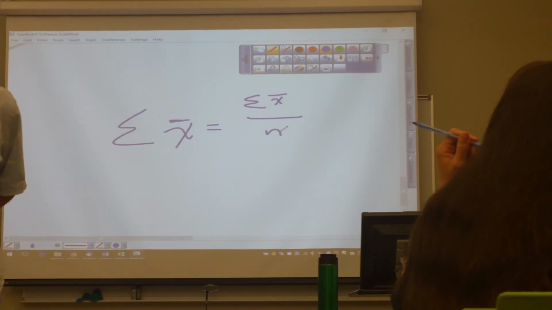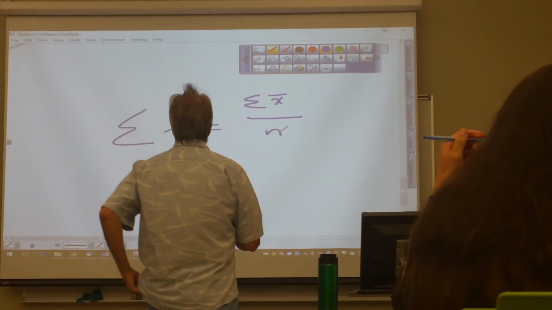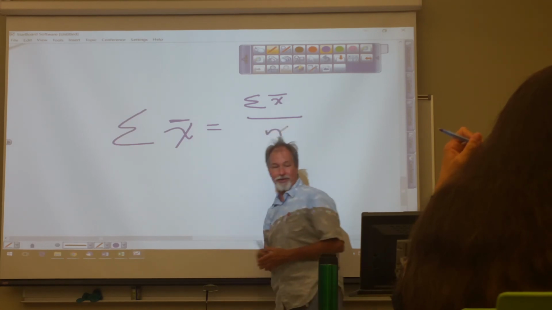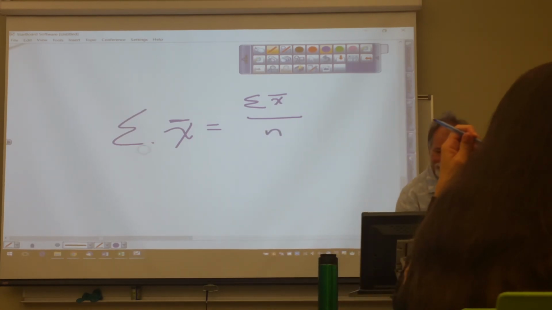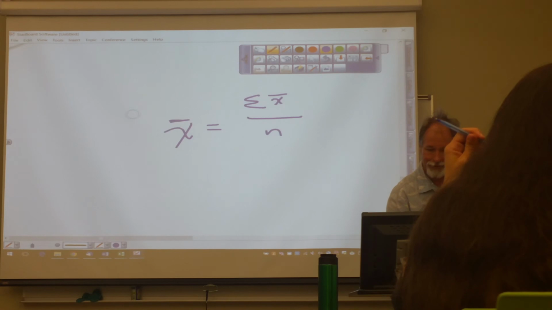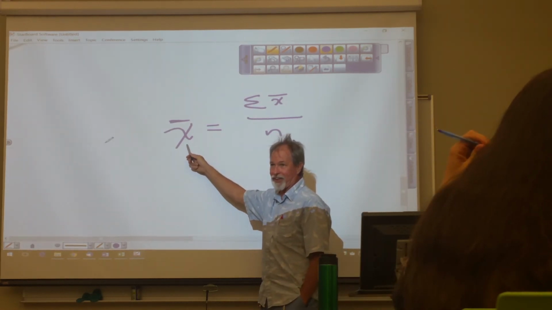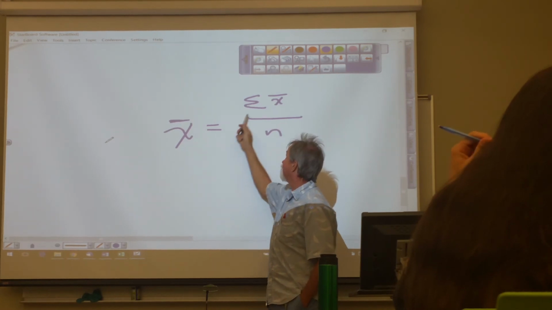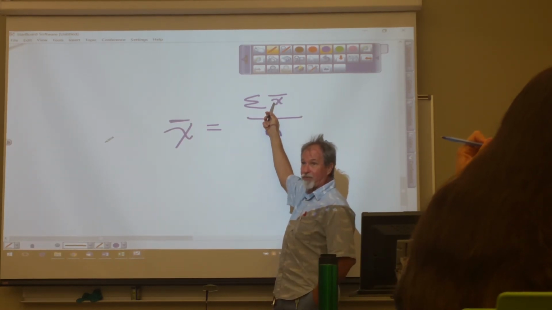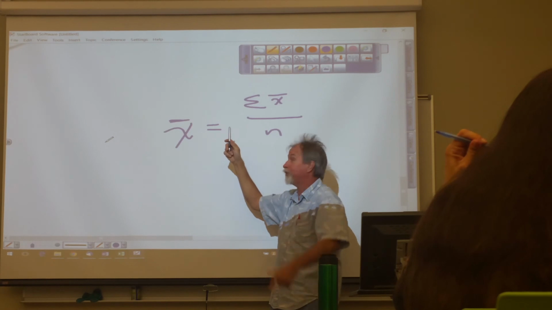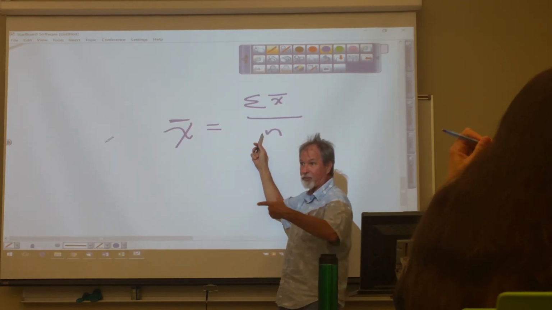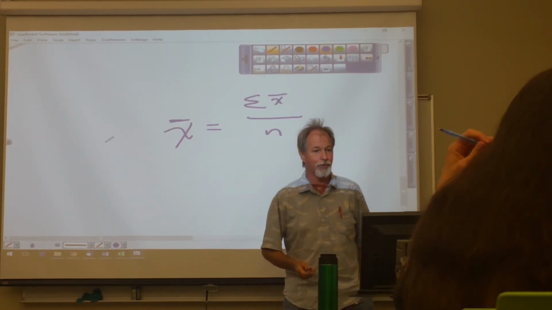Remember, when we talk about this, if I wanted to calculate the sample mean, yes, it's the summation of all the means of all the samples multiplied by the number in the sample.